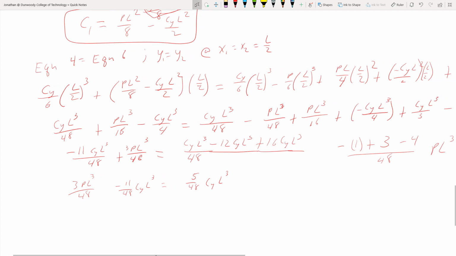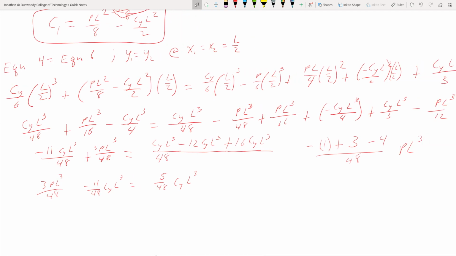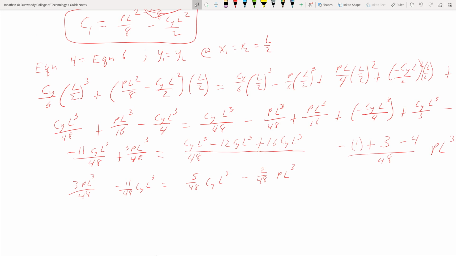So I'm trying to solve for CY here. So I got that one. I get negative 1 plus 2, negative 2 minus 2 48ths PL cubed. So I slide that one over.